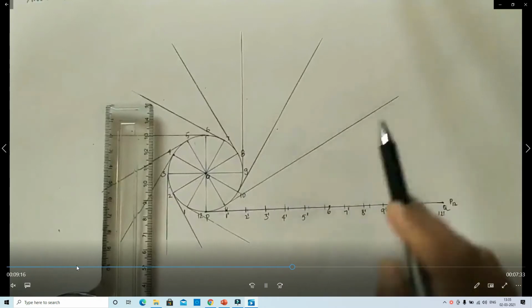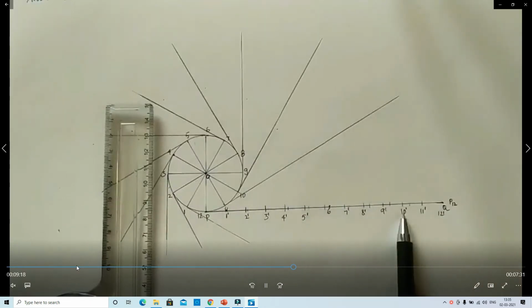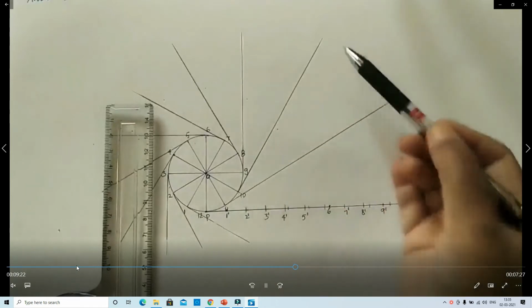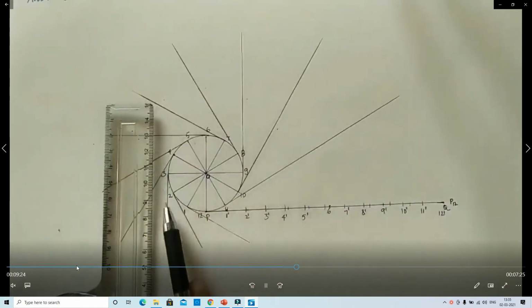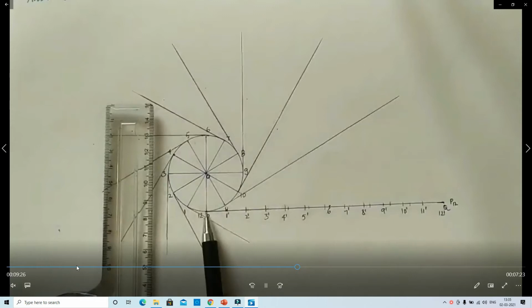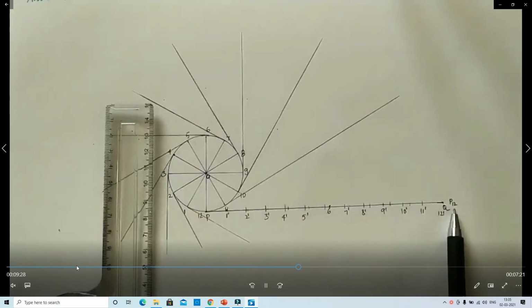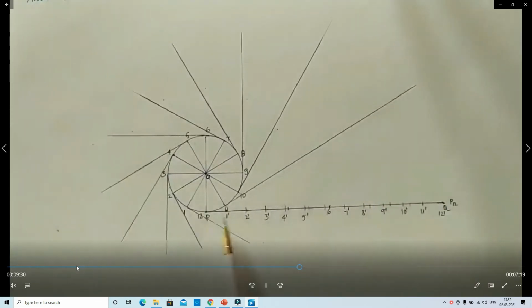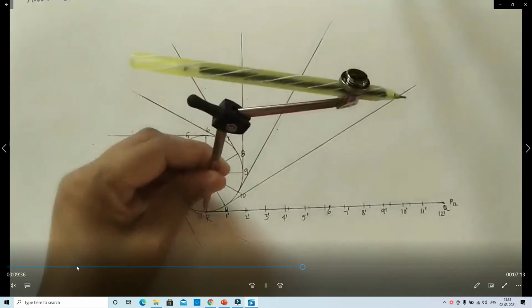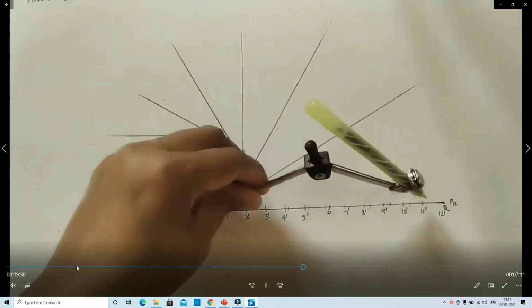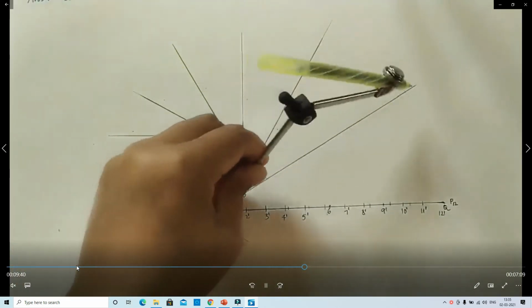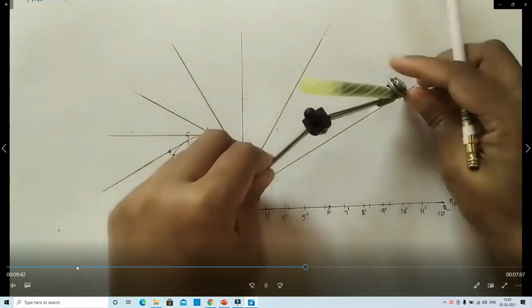You measure here: P1 dash equals P1 distance, so 1P1 is equal to 1P1 dash. 2P2 is equal to the P2 dash distance. That means the circumference of the circle distance and same. Now we measure with the help of the compass.